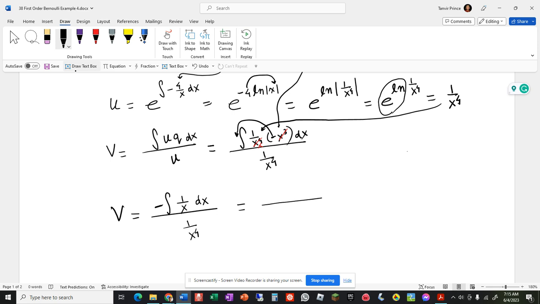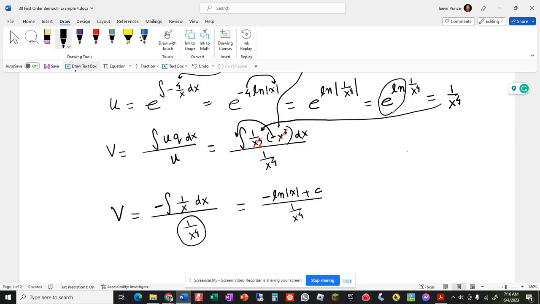Equal to, now the integral of 1 over x is ln x. So I get just negative ln x. Now if you want, you can put the absolute value. So I get negative ln x plus c. Here you have to add c. And this 1 over x to the 4 I can copy.